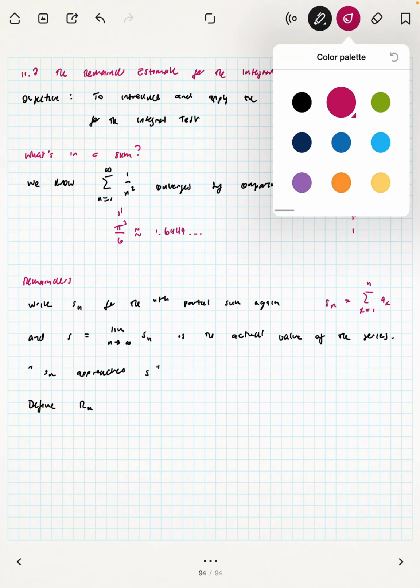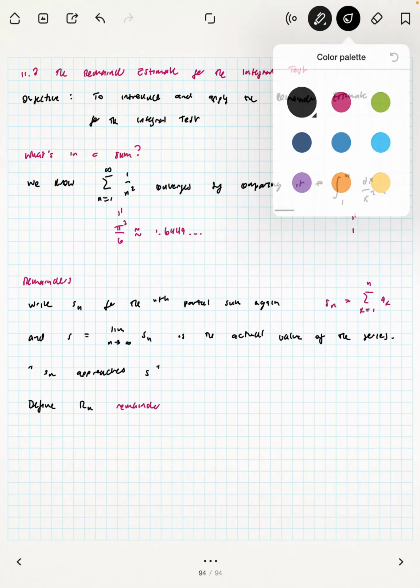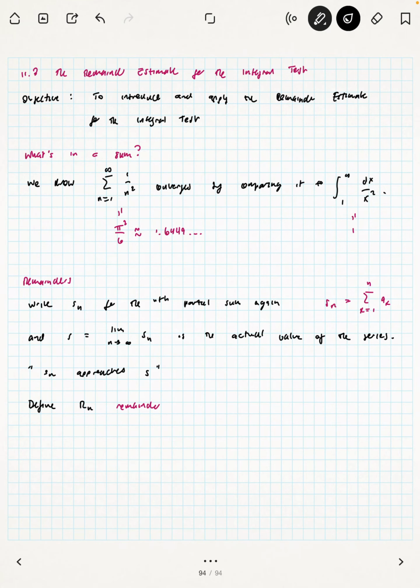But we then define R_n to be the remainder at the nth term, the difference between the actual value of the series and the partial sum.